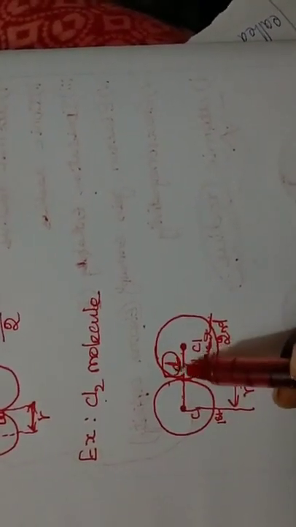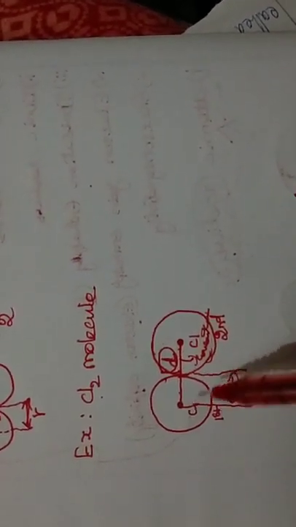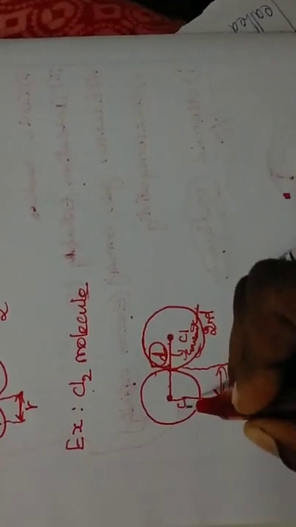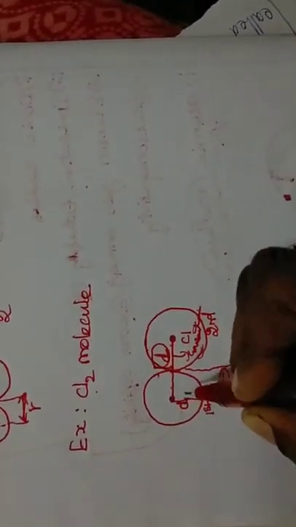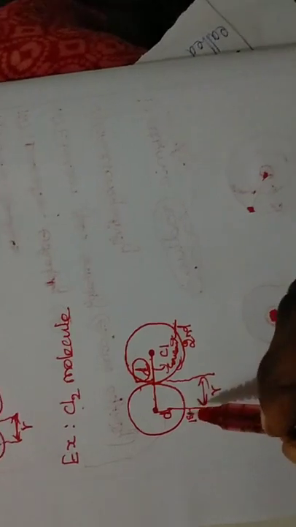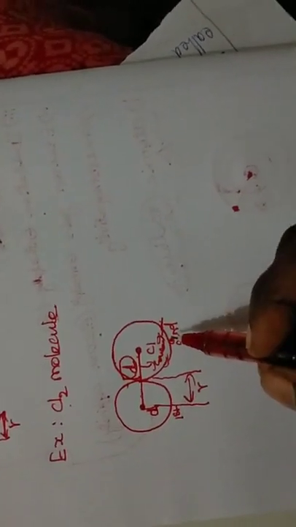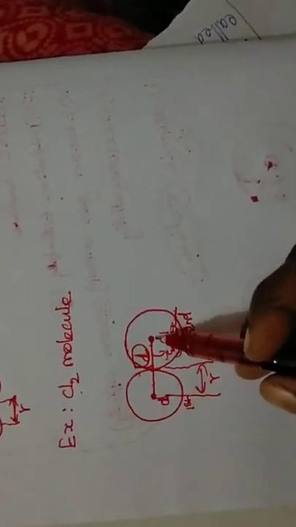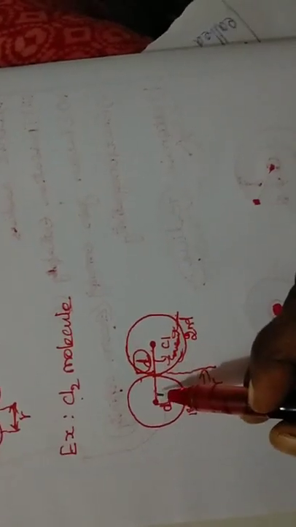This is the covalent bond, this distance is d, and the radius of one chlorine atom is r. This is the first chlorine and this is the second chlorine. The first chlorine is connecting with the second chlorine by a covalent bond.